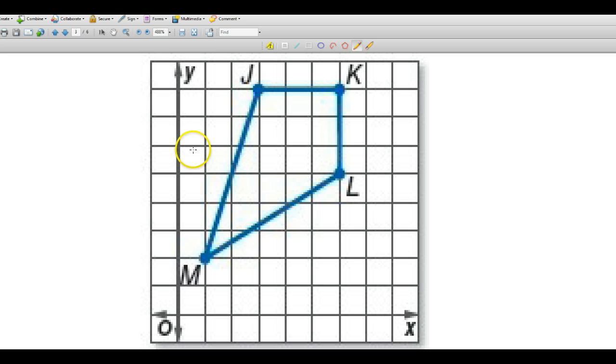For 21, I want to reflect JKLM through the line y equals 4. So y equals 4 would be from the x-axis up 4. 1, 2, 3, 4. So my reflection line is here. And now equidistant from that line. So M is 2 below the line, so I want to go 2 above the line for M prime.